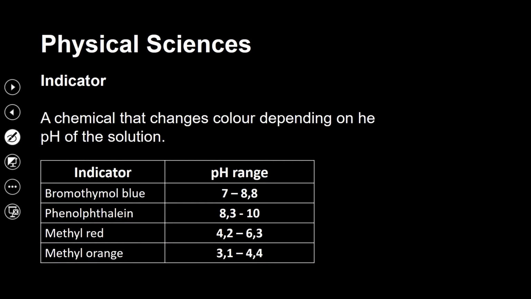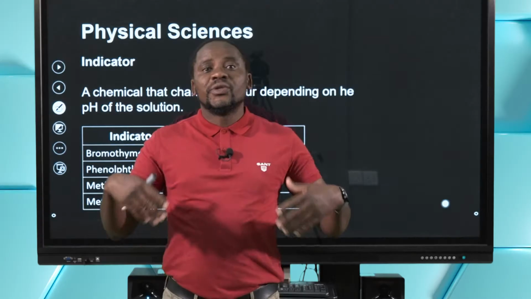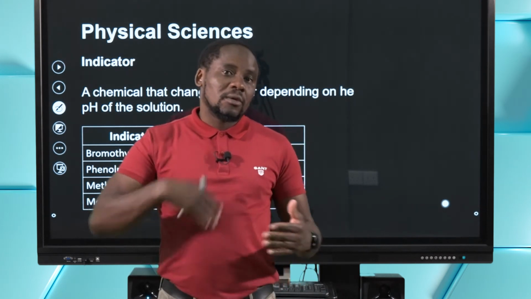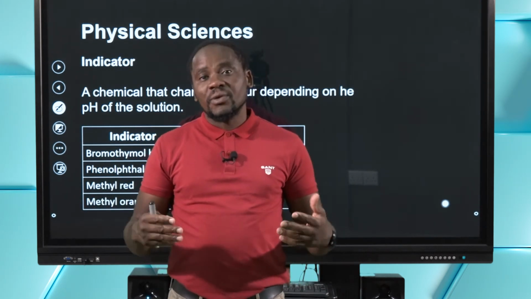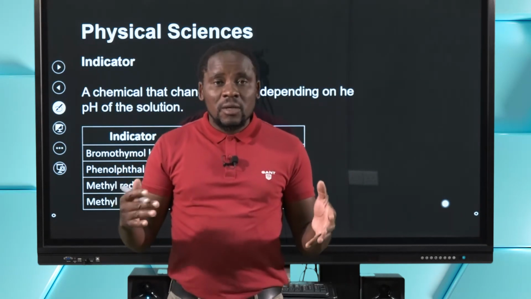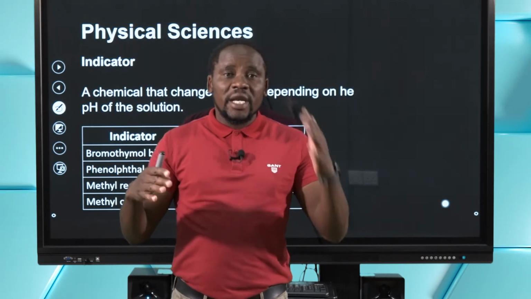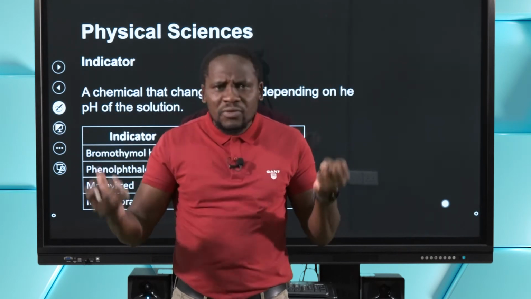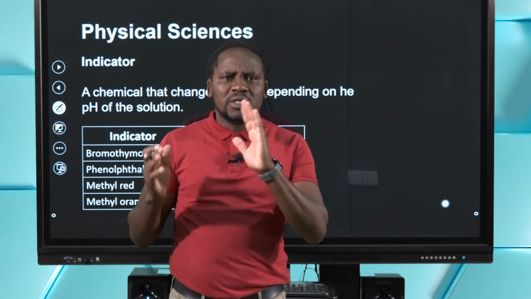Indicators are very important because in these reactions between acids and bases, when we do the titration, as we'll go through in the actual procedure, we need an indication when the reaction between an acid and base has reached neutralization, a pH value closer to 7.